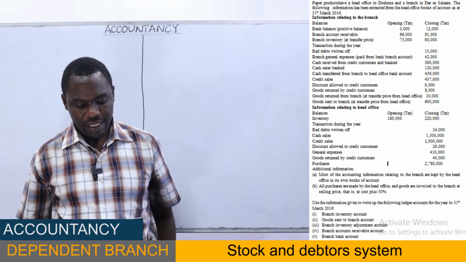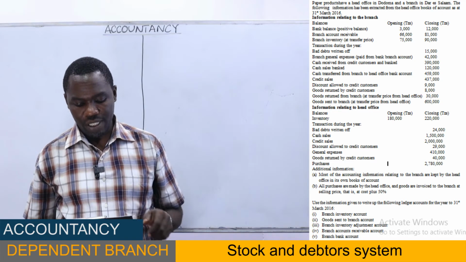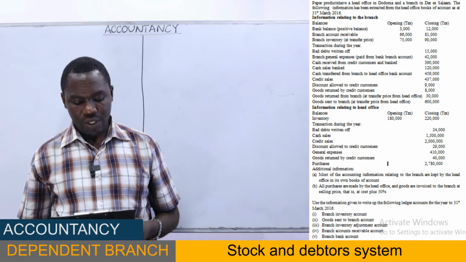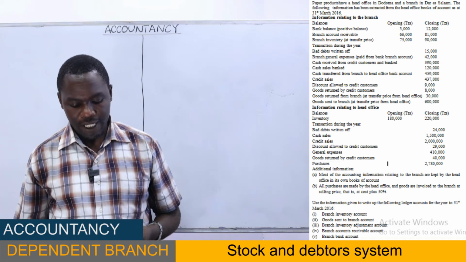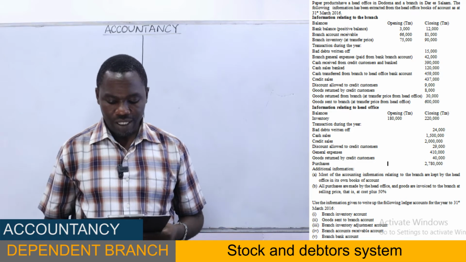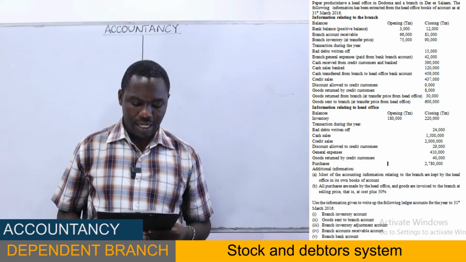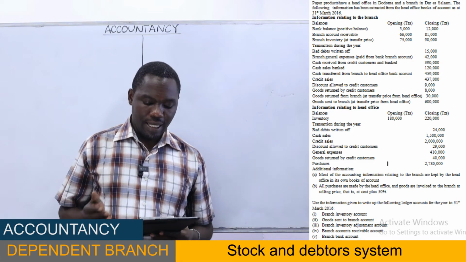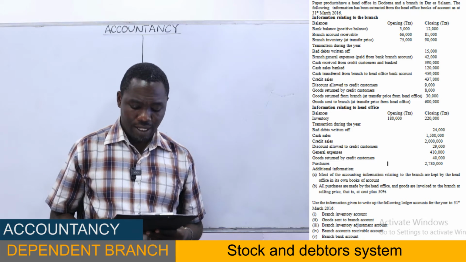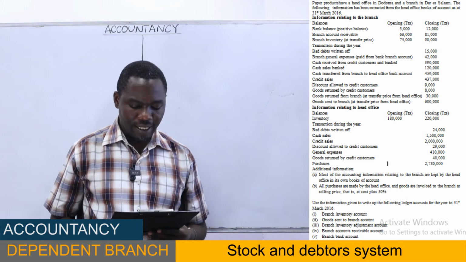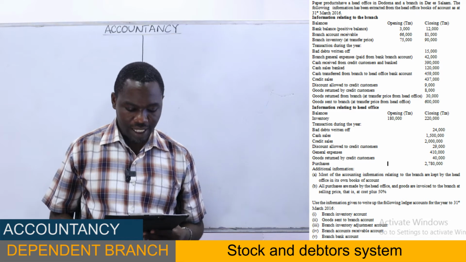There are balances, that is opening and closing. We have inventory, 180,000 opening, and closing 220,000. And the transactions during the year, this is relating to head office. There are bad debts written off, 24,000. Cash sales, 1,500,000.